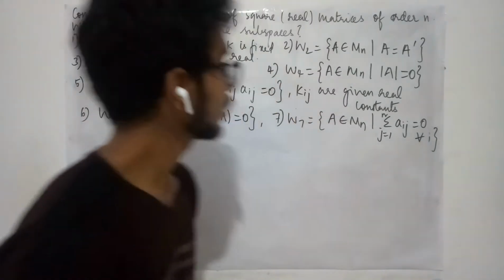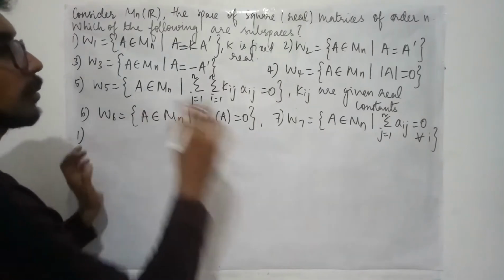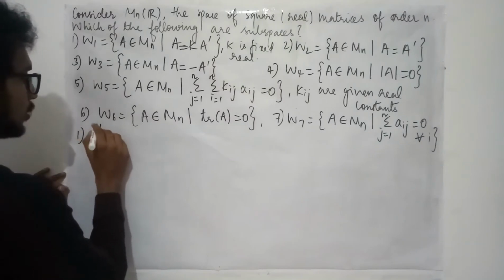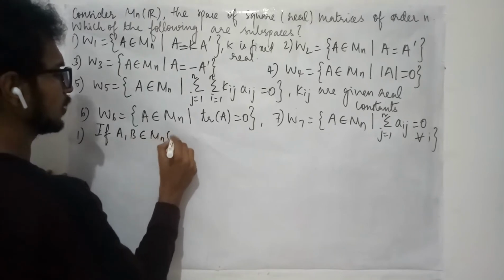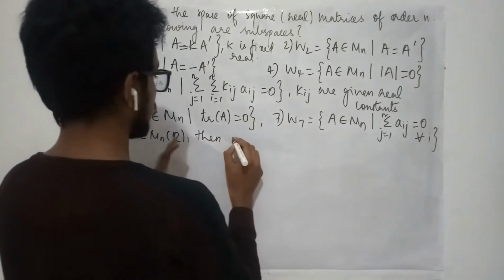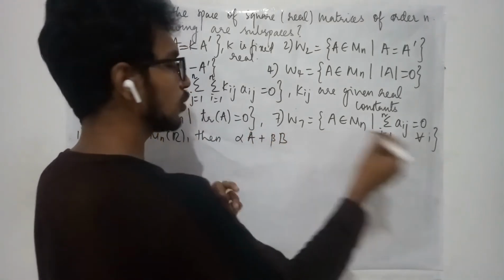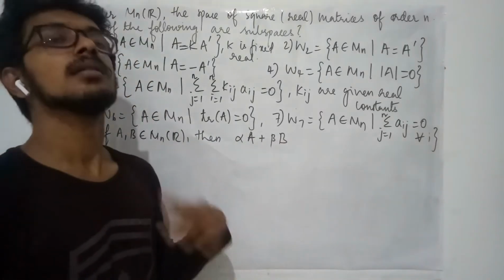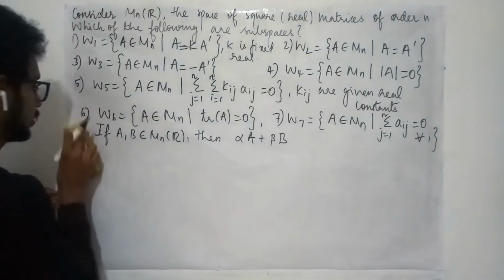So now let us get into the required things to say whether these sets form a subspace or not. Whatever may be the case, what are we going to do? We have to check that if we take two matrices in the given set, then alpha times A plus beta times B is also in the same set, so that we can see whether that forms a subspace or not.